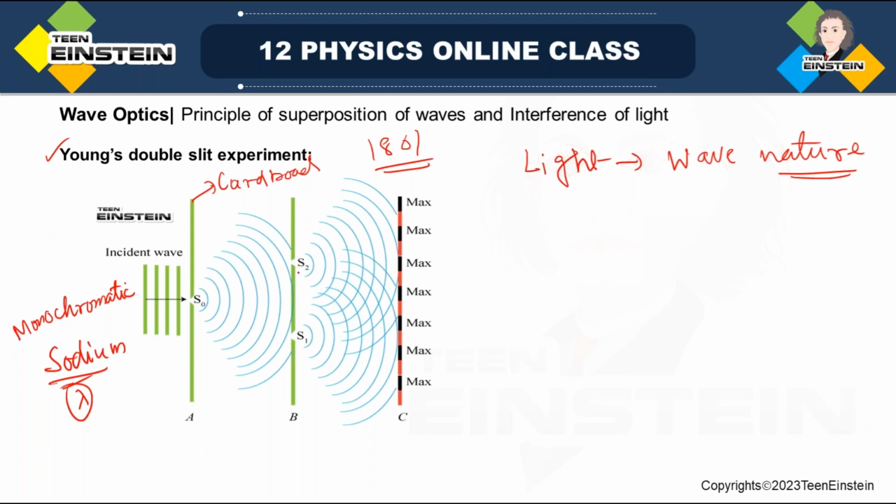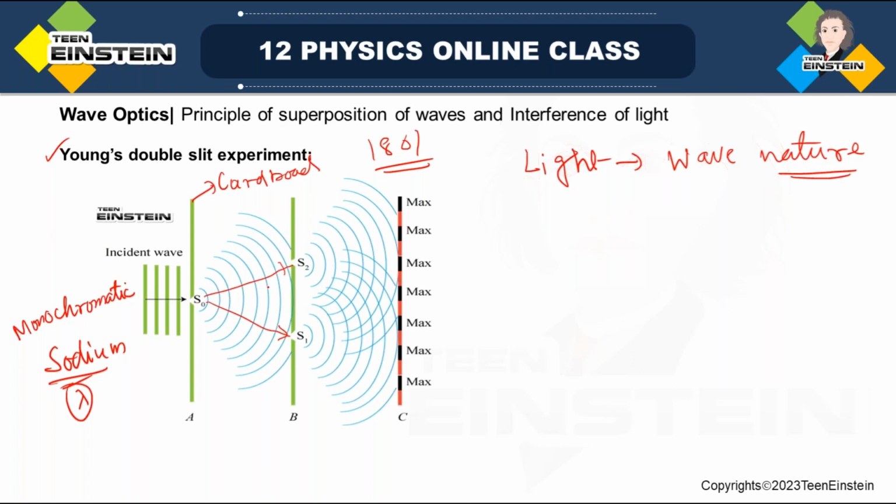Now see the beauty of this: making the slits illuminated by a single light. The sodium light is passing through the source S0, and S2 and S1 are illuminated by this same light, coming from the same source.